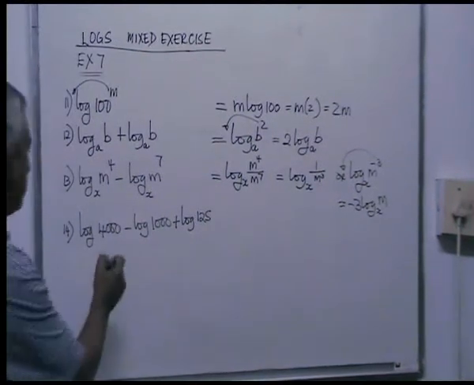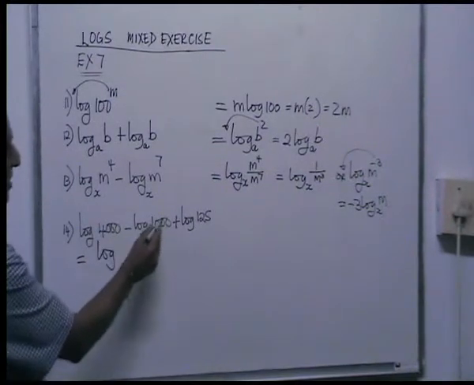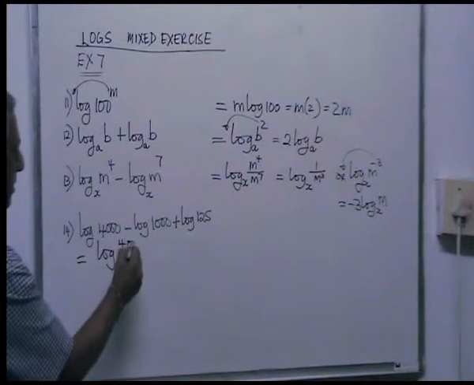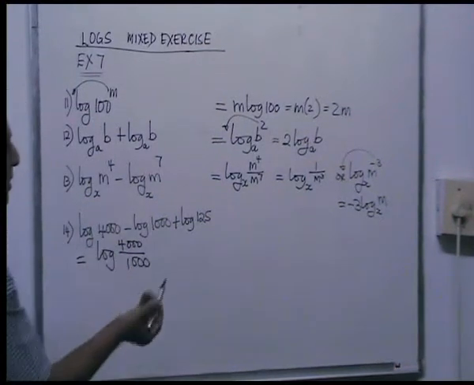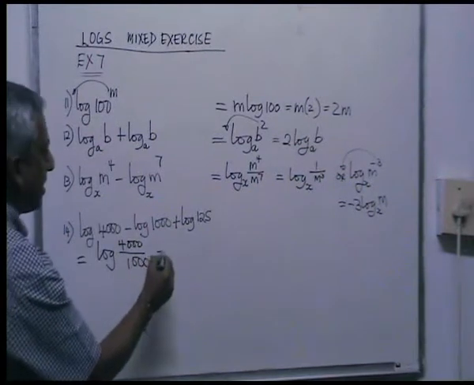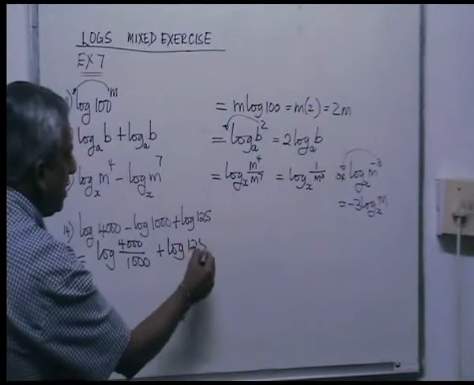If I do the first part, I will get log of 4,000 divided by 1,000. And I don't have to worry about the base because the base is understood to be 10. And that part is log 125.